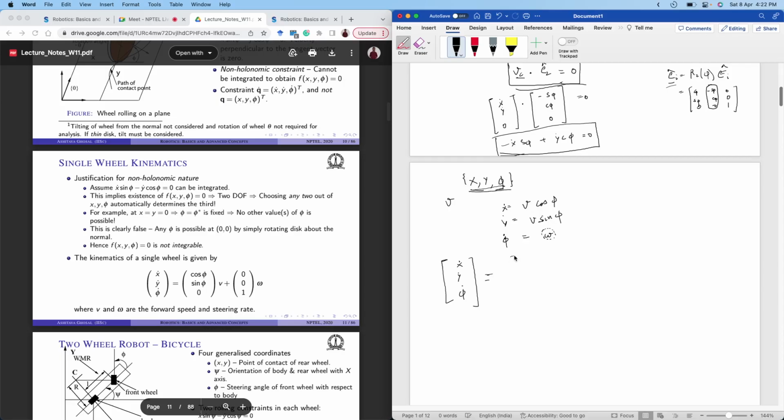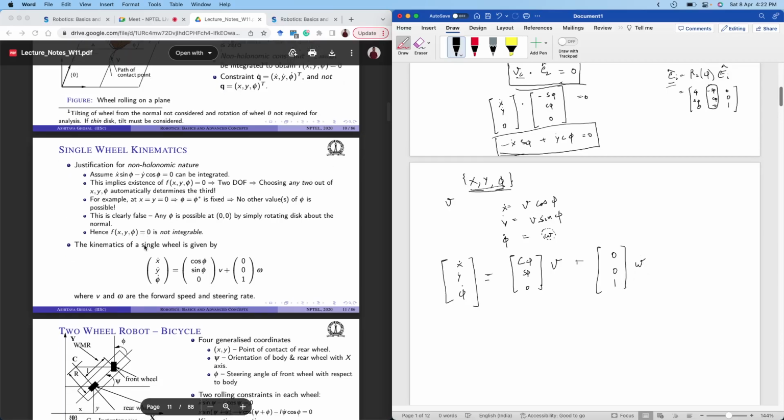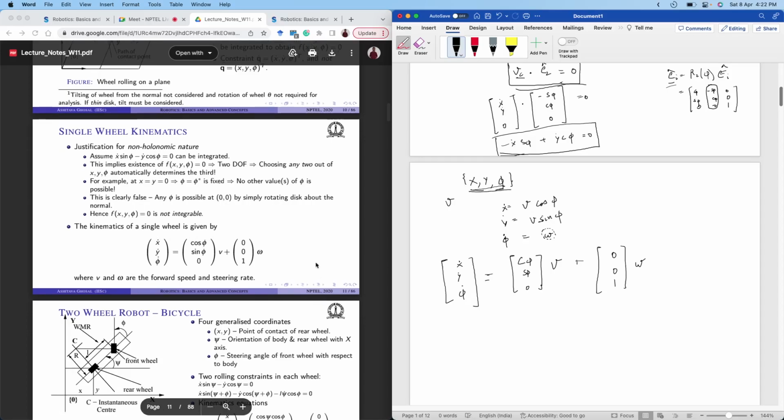Okay, so cos phi, sin phi, 0 times v. Okay, so the v and omega are the input to the system. 0, 0, 1, omega. Okay, so this is how the single wheel kinematics has been arrived at in this particular slide.